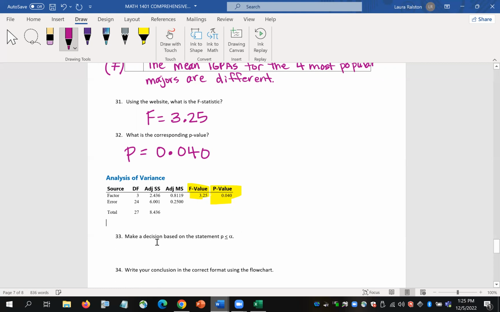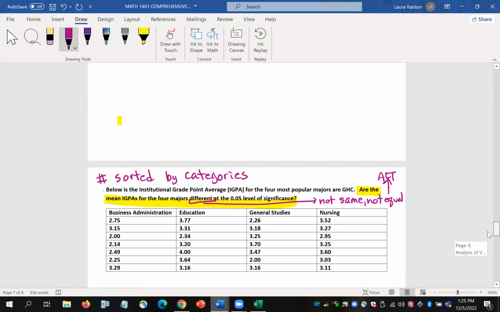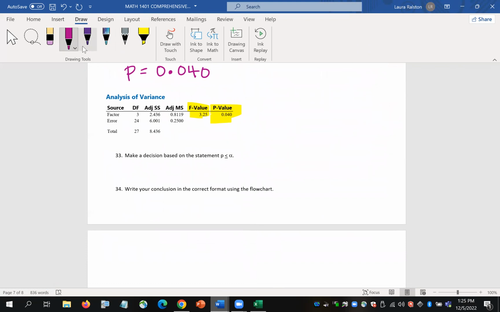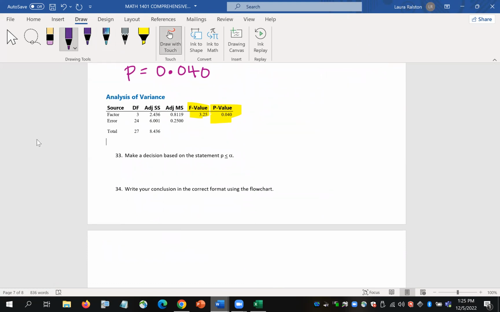I then have to make a decision by comparing P and alpha, the level of significance, which I was told in the problem is 0.05. So I'm going to compare my p-value to the level of significance.